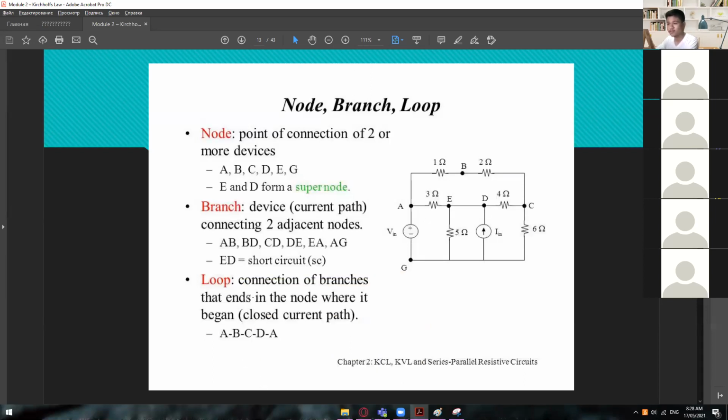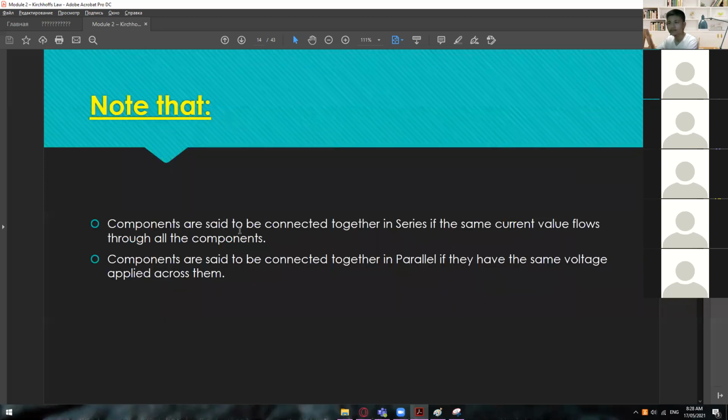And then we have here a loop from A to A. Inside of it, of course, we have 4 meshes: one mesh, another mesh, and another mesh right here. Note that components are said to be connected together in series if the same current flows through all the components.